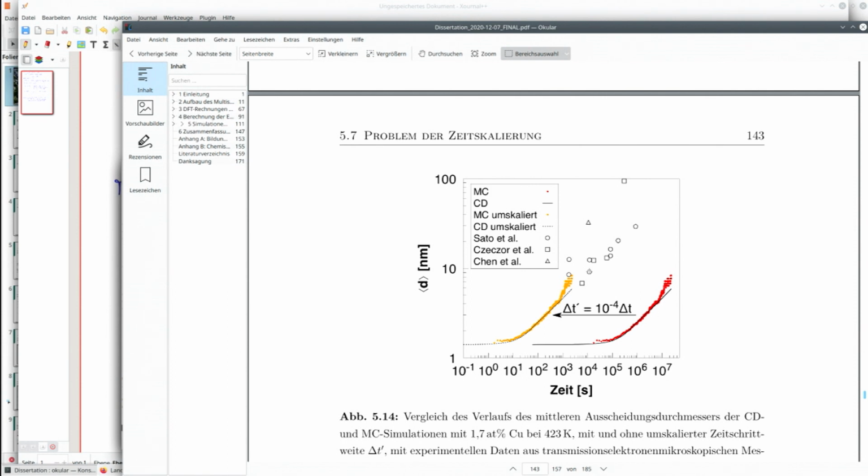It's just one constant scaling factor in time which is required. So I think this is what he obtained, and this is a rescale, the orange one. I think these are experimental results here, and that's for this cluster dynamics here. This is the dashed line. Oh no, I was wrong. The cluster dynamics and the Monte Carlo fit well. They just do not fit the experimental data. This was the point.